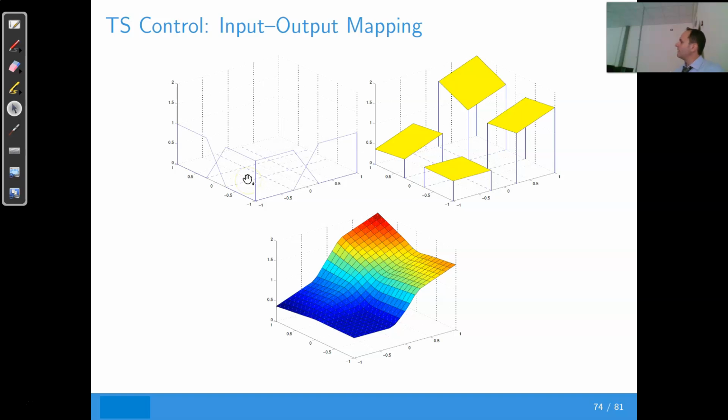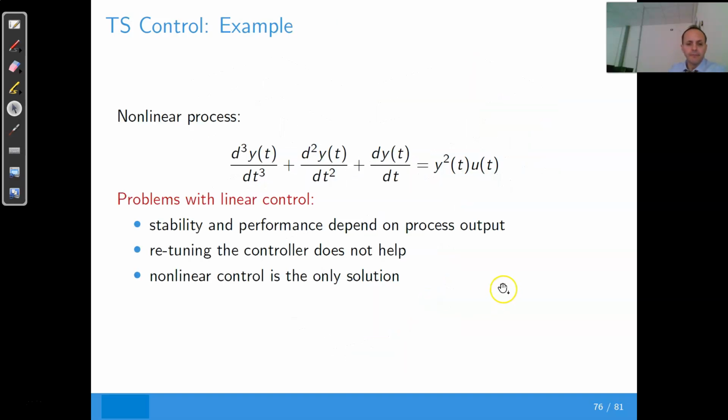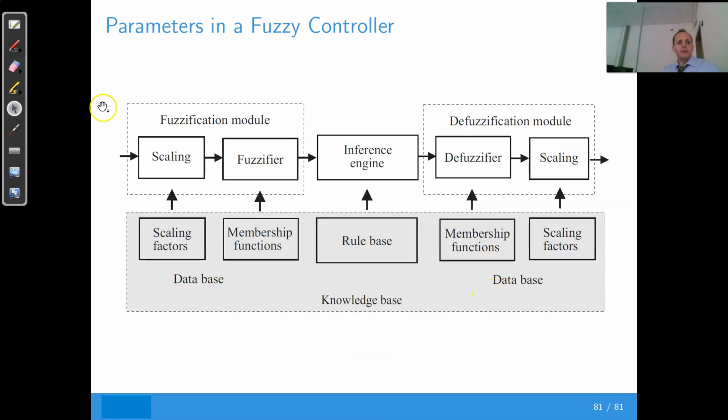It suggests something about the output. It is clearer than a neural network if you look at the meaning of a fuzzy model. Okay, we finished here.